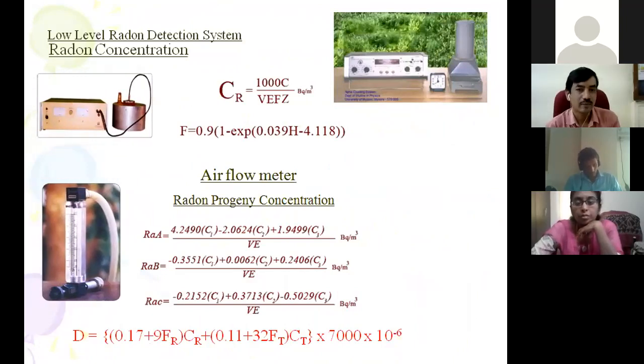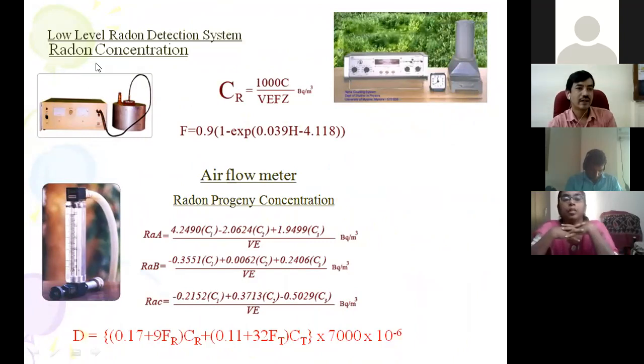Now, I am going to describe a few equipments which were used earlier and are not presently used. This is the low-level radon detection system. Low-level radon detection system. This was developed at BARC by a group of scientists.